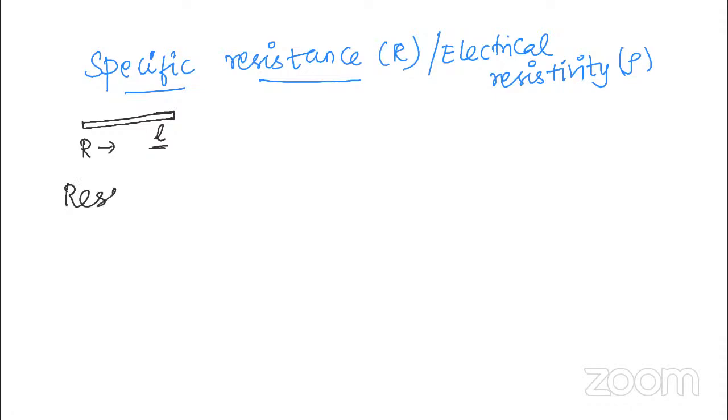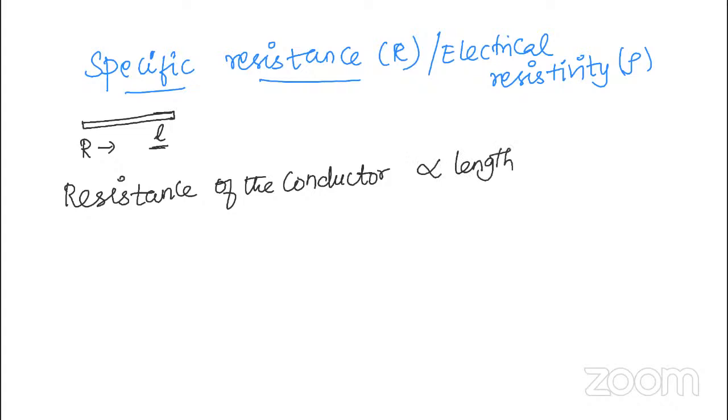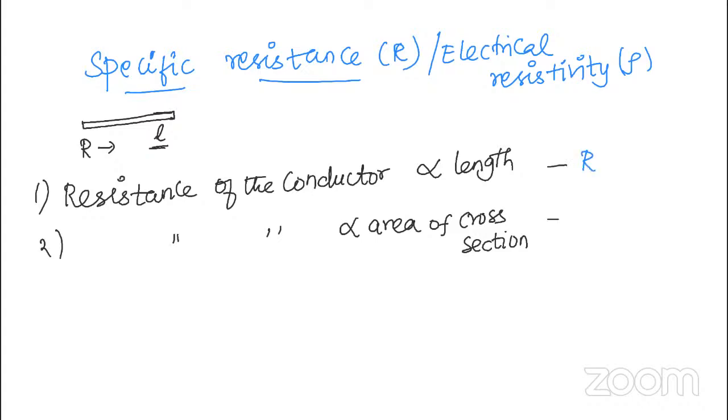Resistance of the conductor is directly proportional to length. And one more, it is directly proportional to area of cross section. We mainly depend on these two values. So how do we write this as an expression? R is directly proportional to L.